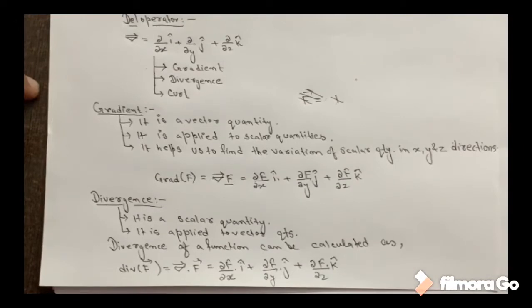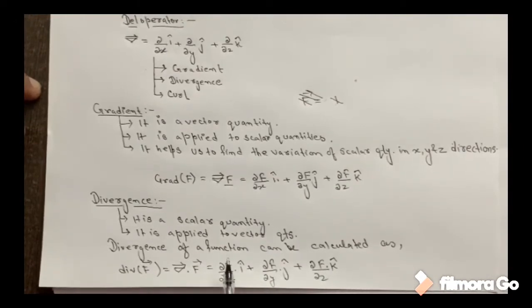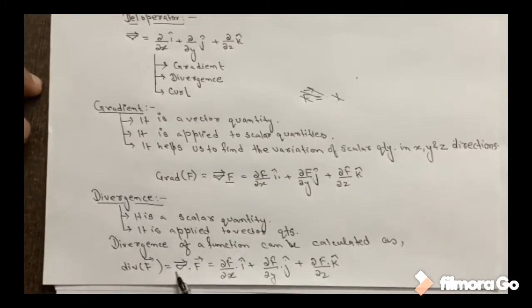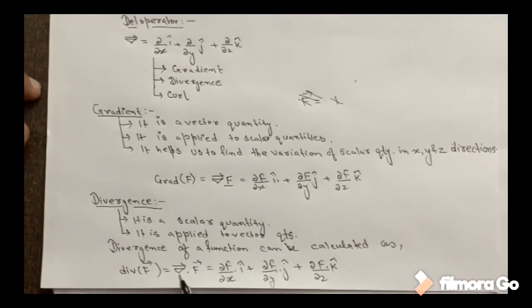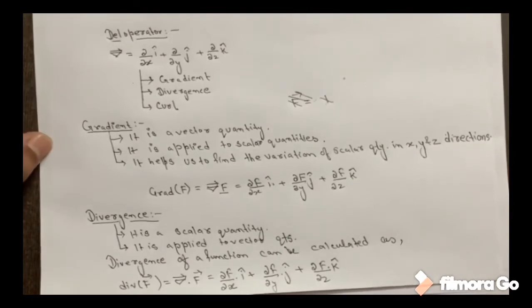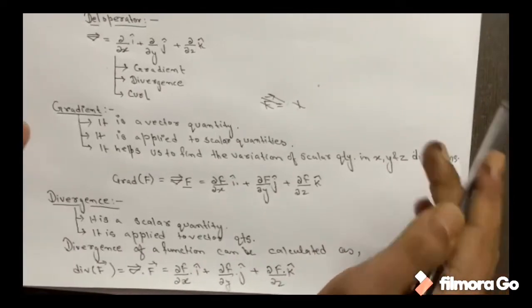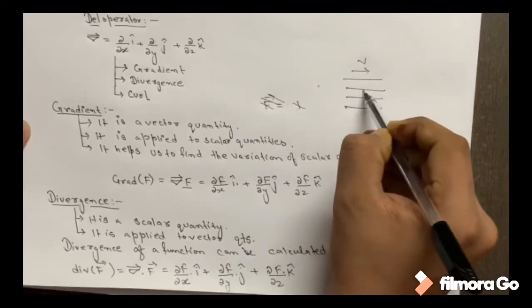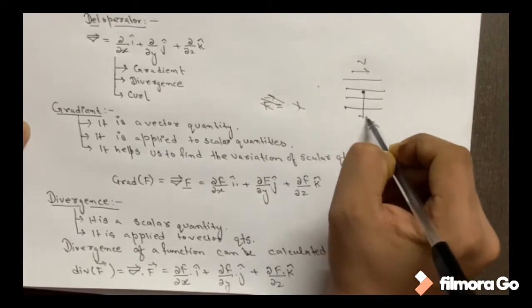Now let's take the case of divergence. It is a scalar quantity and it is applied to vector quantities, just opposite to the gradient. The divergence of a function can be calculated as divergence f is equal to del operator dot f vector. As these are two vector quantities, on their dot product we will get a scalar quantity. For understanding the physical meaning of divergence, let's take the condition that water is flowing with velocity v and we want to find how much water passes through a volume dv.